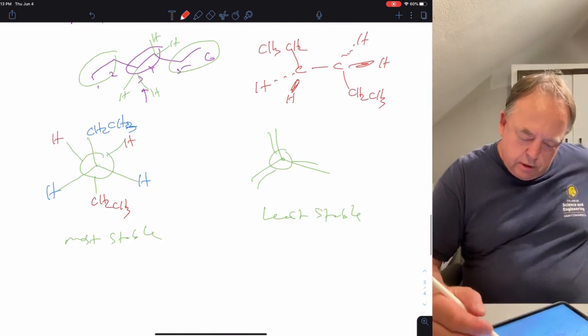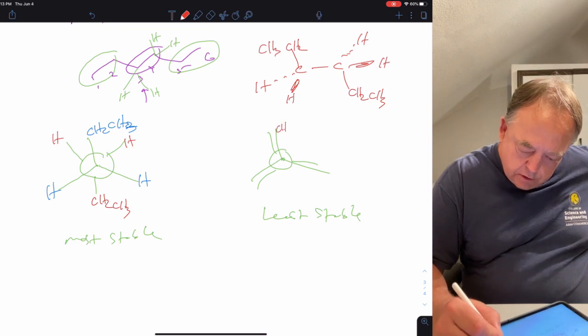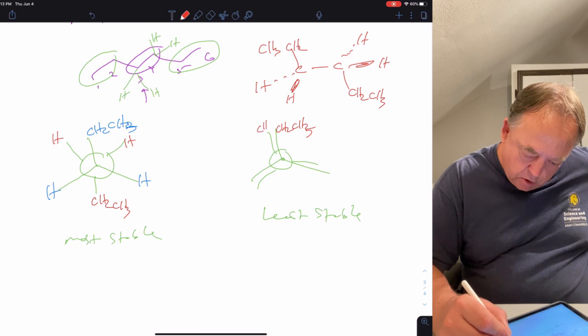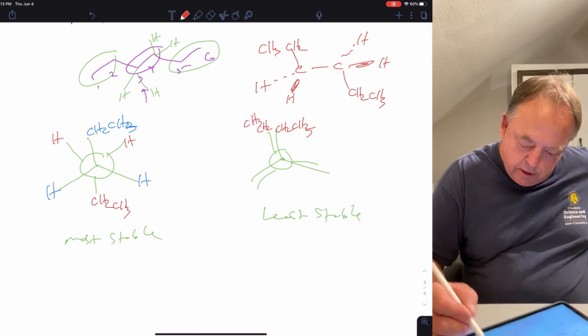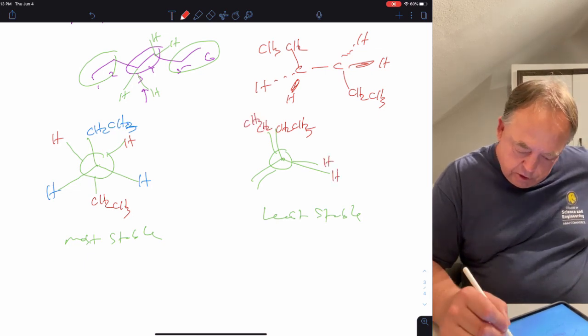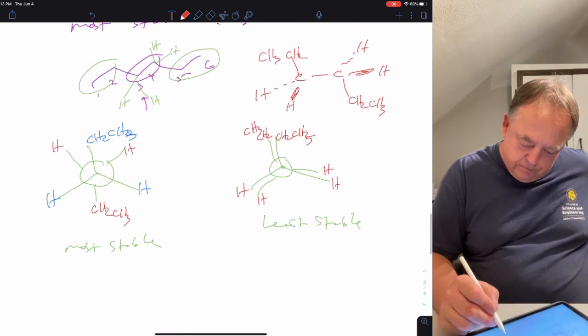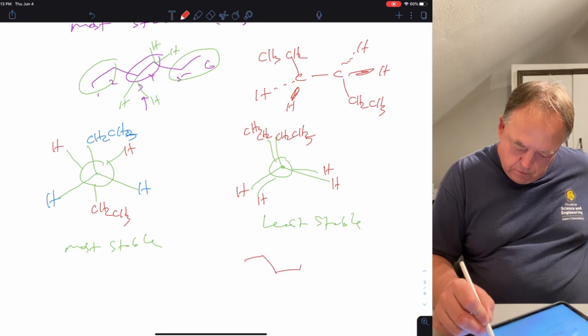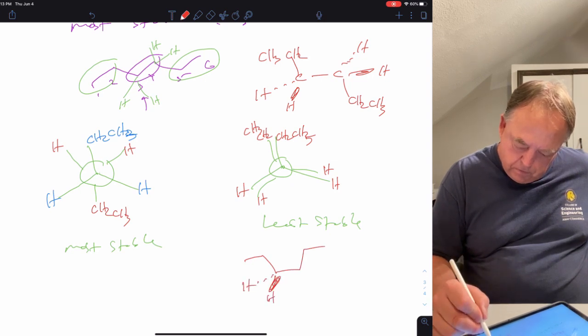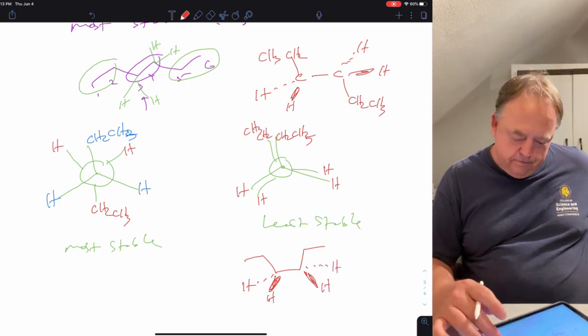Okay, and if we wanted to draw the least stable structure, then CH2CH3 there, and on the back carbon, CH2CH3. And then each carbon has two hydrogens, right? Or that would be like that, right? So it doesn't matter to me.